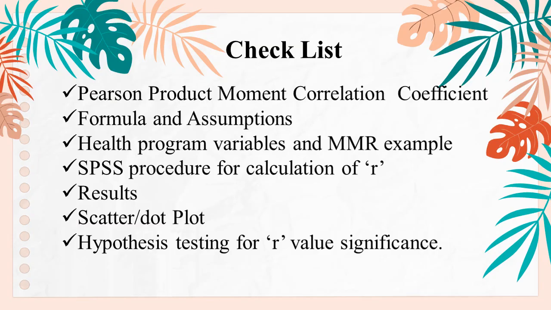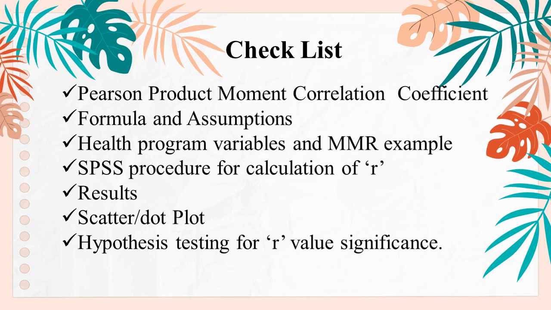Then, what we have learned from this: one is the Pearson product moment correlation, we have got some idea, and the formula as well as the assumptions involved. And we did it with an example of health program variables and MMR. A researcher is interested in establishing the relation between the MMR, maternal mortality, and some selected health programs.